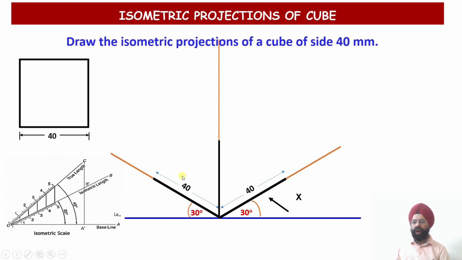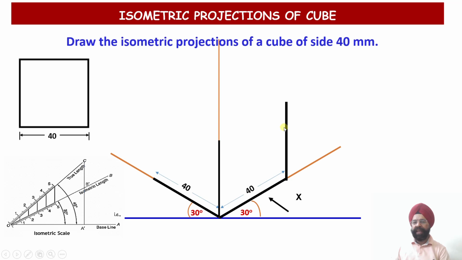Now we need to draw another couple of isometric lines parallel to the x-axis, y-axis and z-axis. Once we draw all these lines, we will get the construction of the isometric projections of the cube completed. So let us do it.